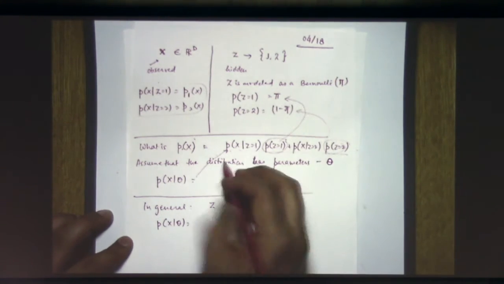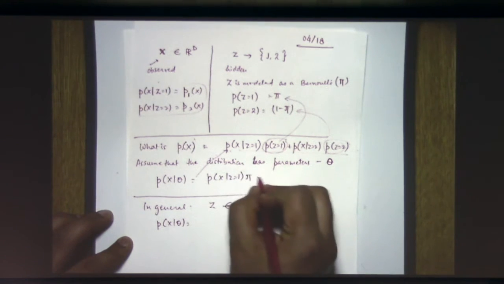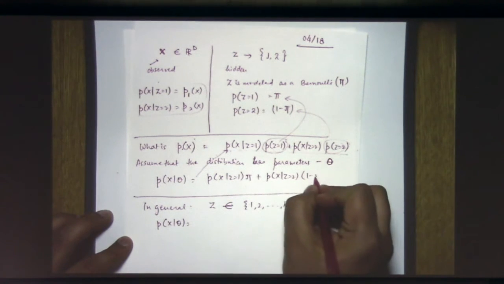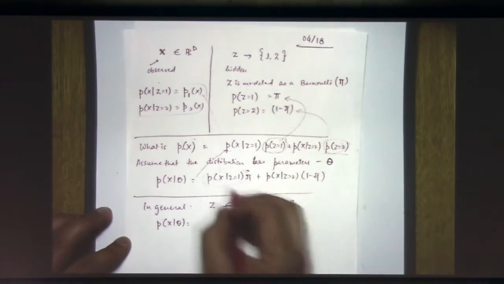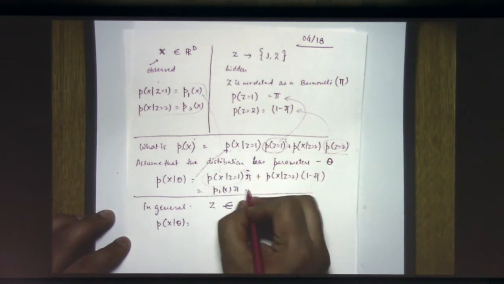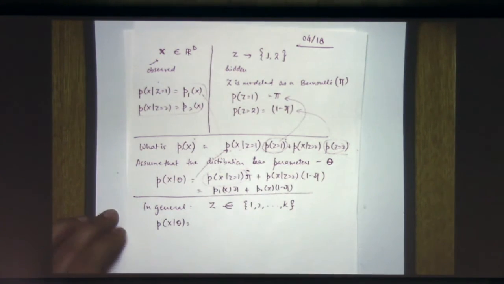So you can write this as p of x given z equal to 1 times pi plus p of x given z equal to 2 times 1 minus pi. Just for simplification, we are going to denote it like this: p1(x) pi plus p2(x) (1 minus pi).